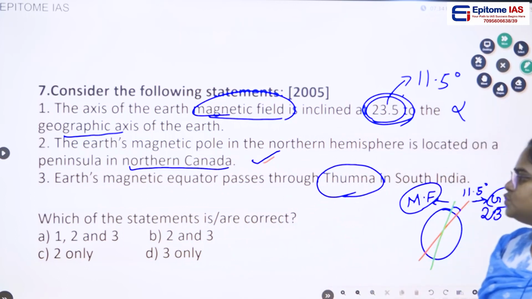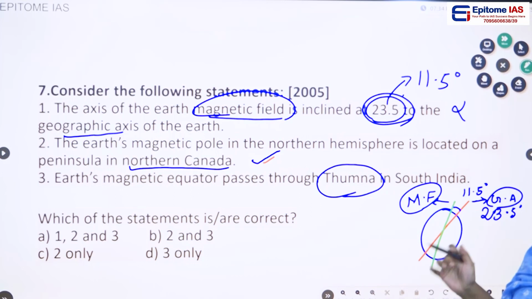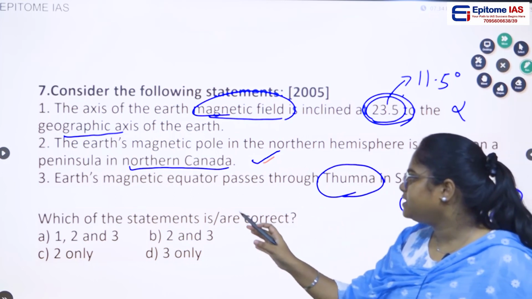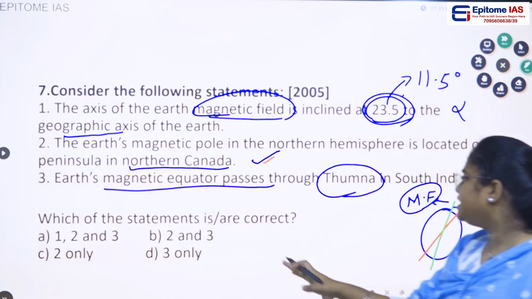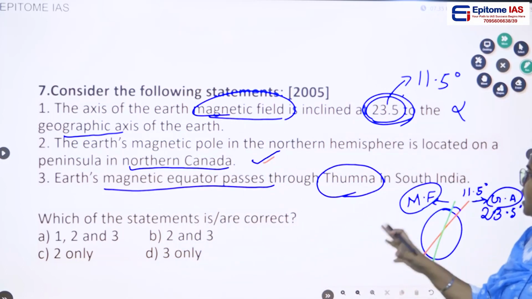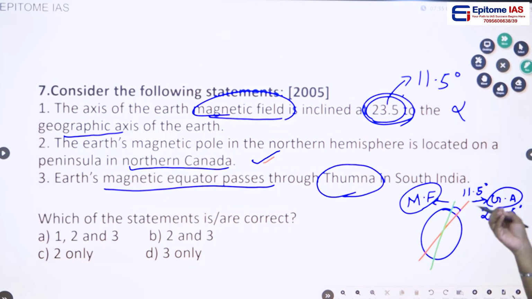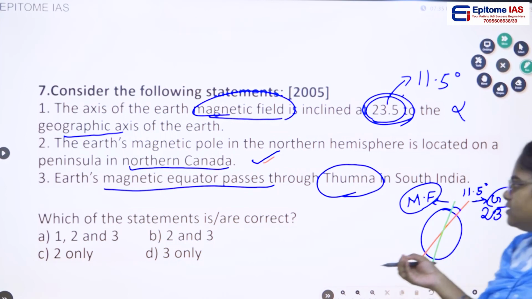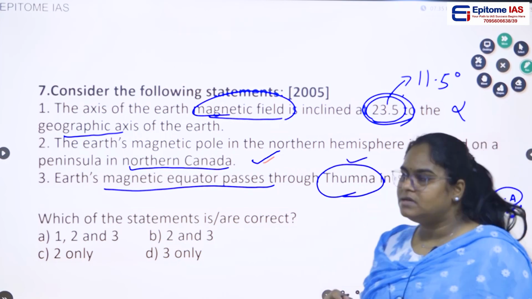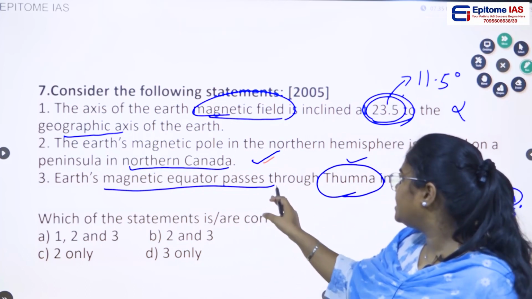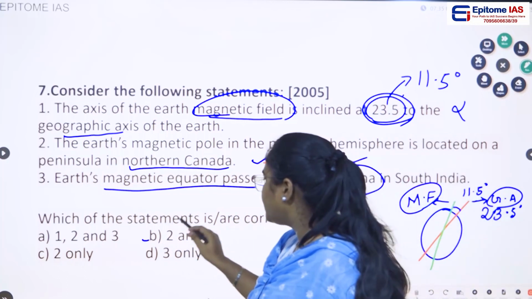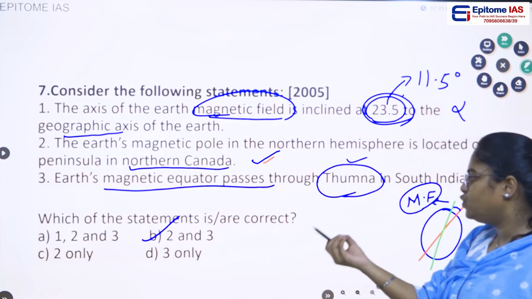And the third statement, Earth's magnetic equator passes through Thumba in South India. Again, the magnetic equator passes through Thumba in South India. So these two statements are correct. Statement 1 is wrong. So the correct answer would be B, options 2 and 3.